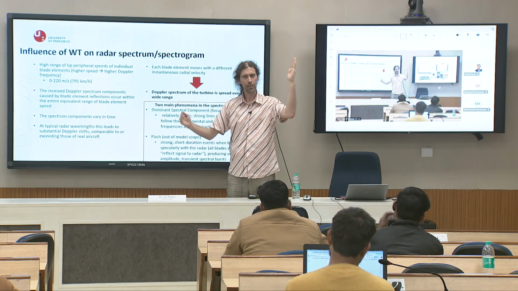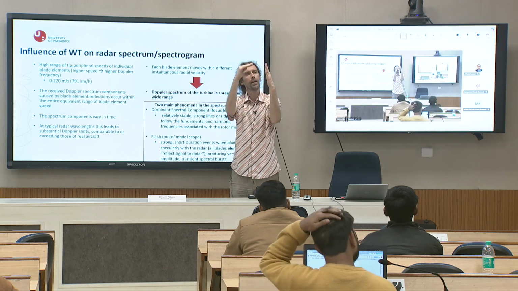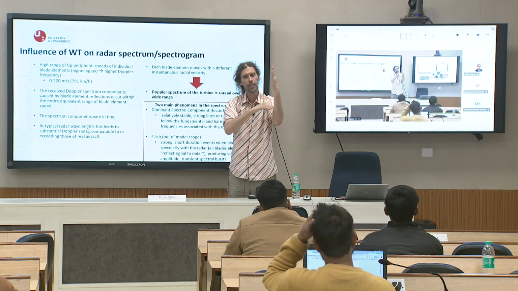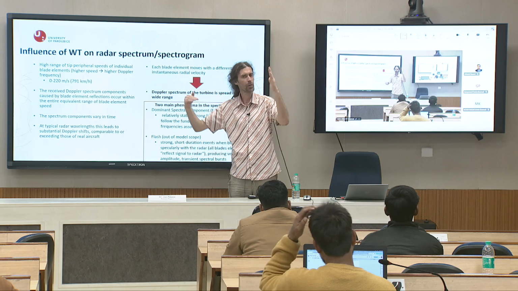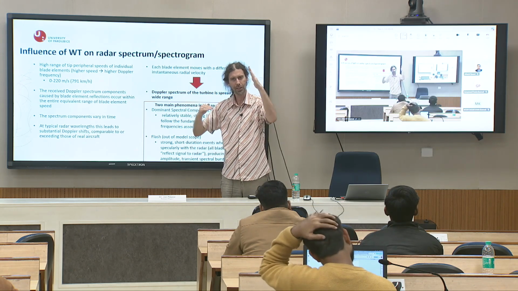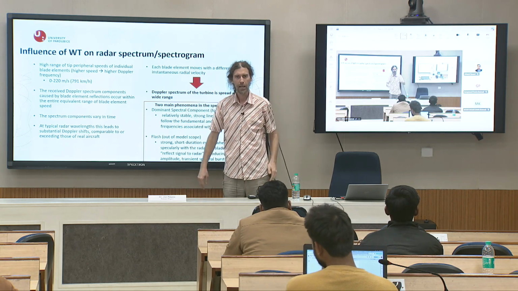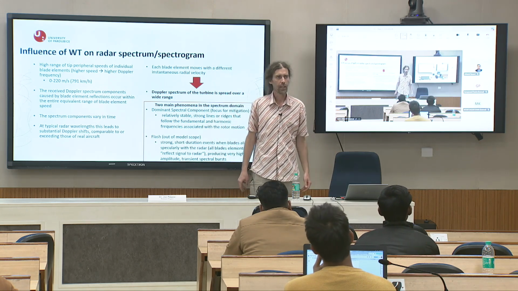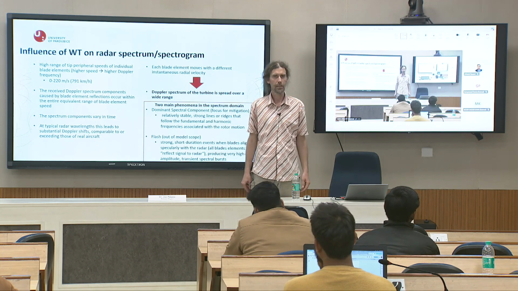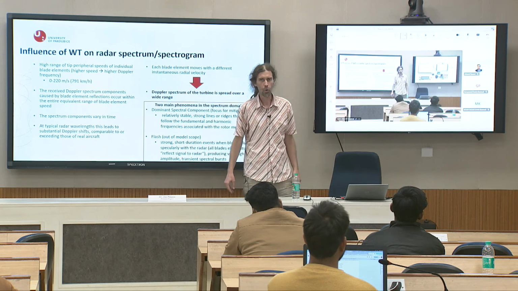And imagine sometimes it happens that the blade position and this electromagnetic wave align like this, so each element reflects with maximum intensity, if you get my point. It will be exactly the right position, giving the maximum. And this we call a flash. And what do you think? How will this spectrum look in the case that just a flash occurs?